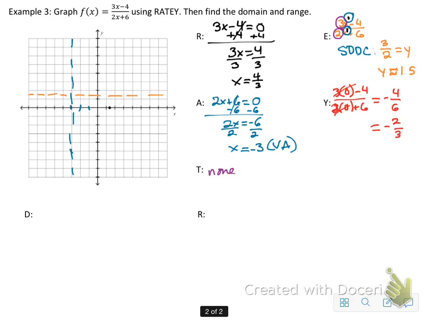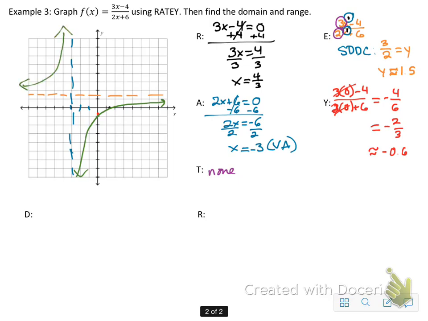Well, negative 2 over 3 is about negative 0.6. So we will plot negative 0.6 on our y-axis. When we draw our line, we follow those points, right? We know which side to go to because it's where the points that we graphed were. Then we know the other side because they have to be in opposite corners of our asymptotes.